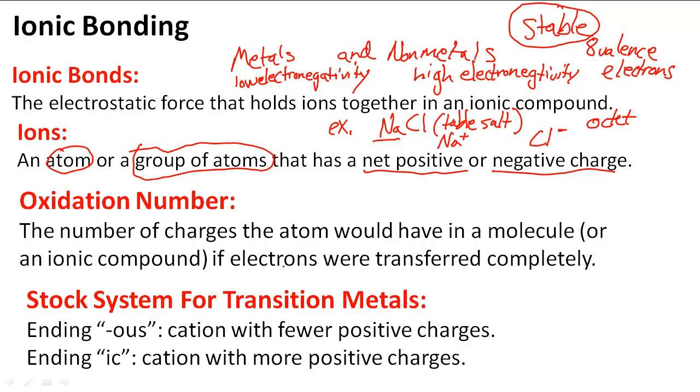In line with naming, we have a stock system for transition metals, because transition metals sometimes have different positive charges. Let's say it has a 2 positive charge, and then another state that has 3 positive. So it has given away 2 electrons, or maybe 3 electrons. When you're naming, you put -ous for the cation with fewer positive charges.